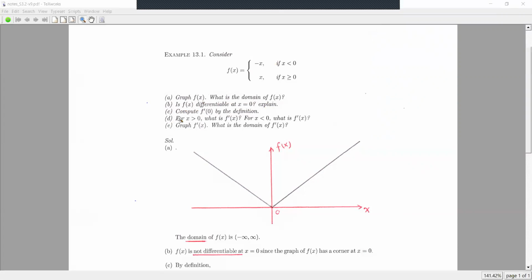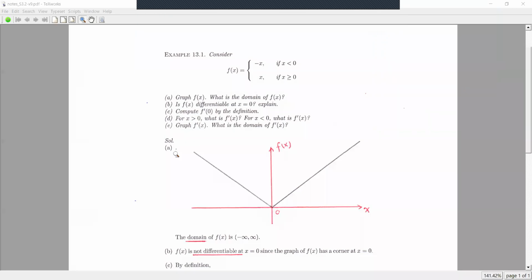D. For positive x, what is the derivative at x? For negative x, what is the derivative at x? E. Graph this function. What is the domain of this function?